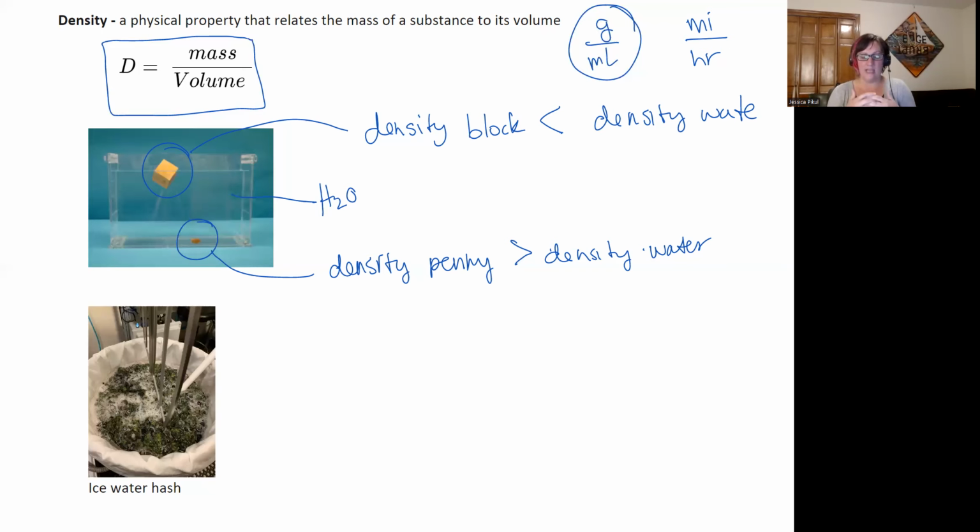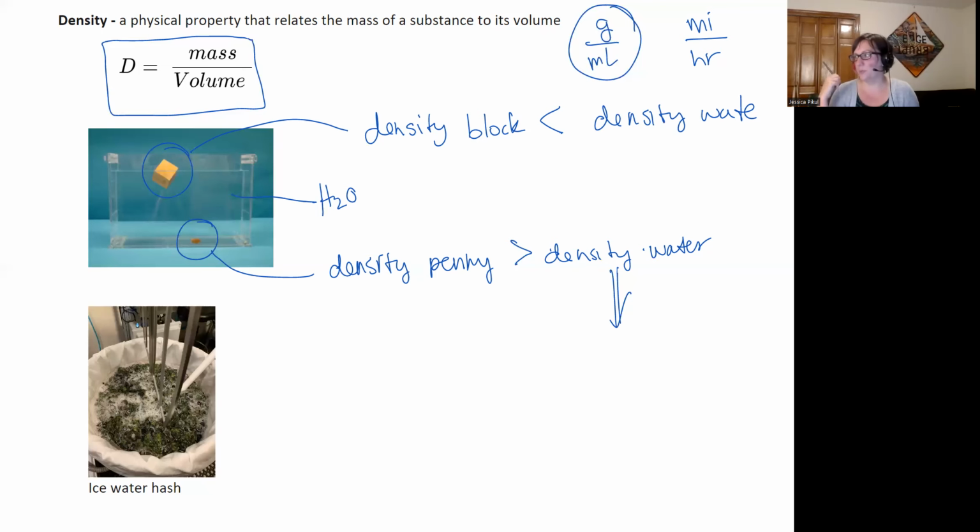And we can also take advantage of density when we do extractions. And we'll talk about that further down in the quarter. In general, though, you'll see densities typically reported. So a good one, I think, to have in mind is the density of water, because we compare to it a lot.